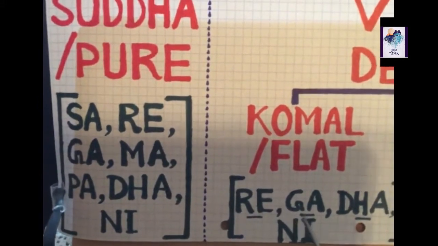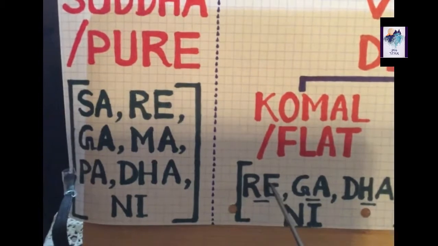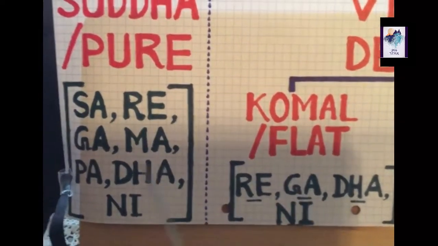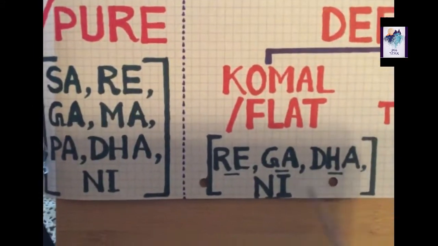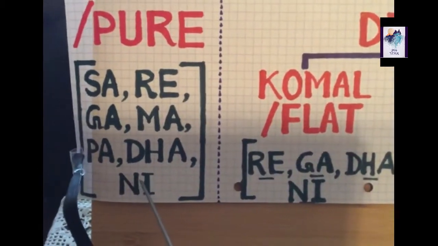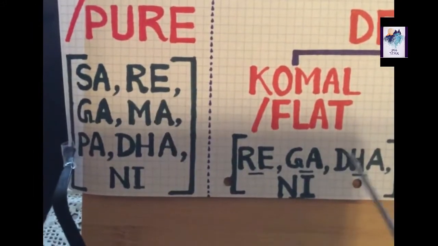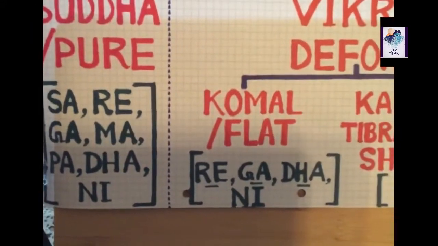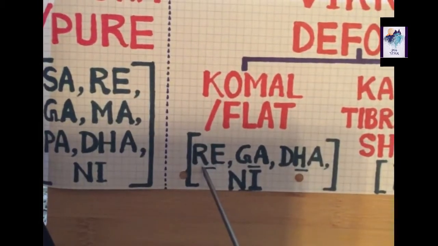So, if you see a dash under the note, you will know that this is Komal Re, this is Shuddha Re, this is Komal Ga, this is Shuddha Ga, Komal Dha, Shuddha Dha, Komal Ni and Shuddha Ni. So, now you can differentiate between Shuddha and Komal swars. The sign of Komal swar is a small dash under the note.